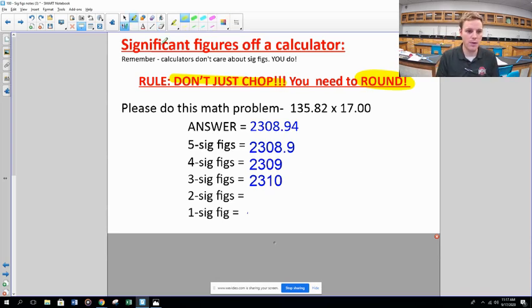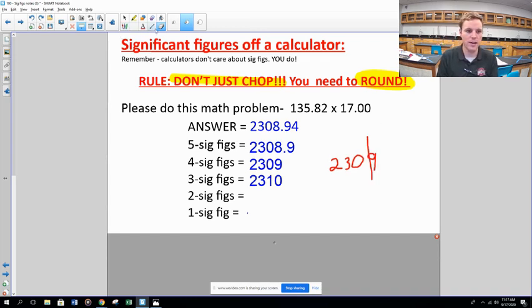So some people, when they're getting to the 3 SigFigs here, here's what they're going to do. They're going to do something like this. They're like, okay, 2309, but I can only keep 3 SigFigs. So what they're going to do is, all right, I'll just chop this guy off right here. And so boom, 230. Or they might say something like this.